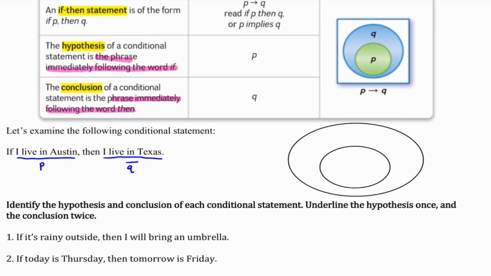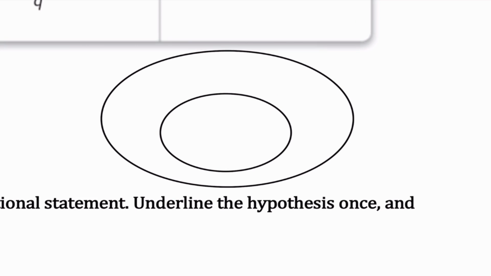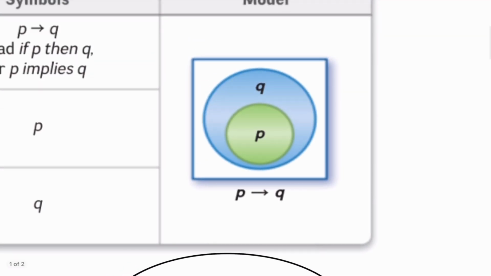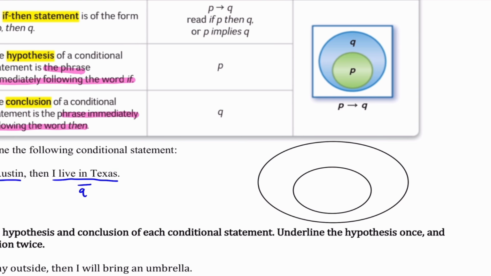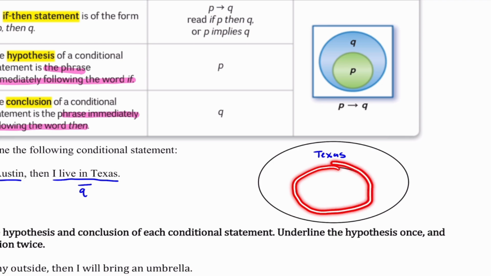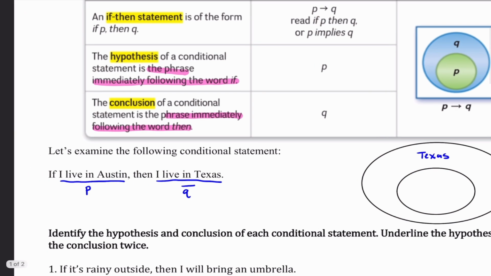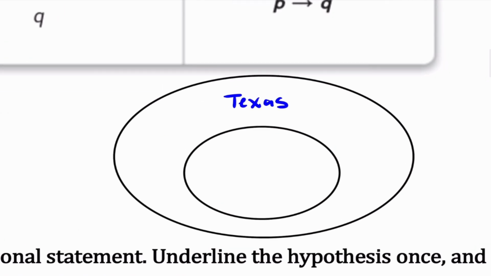Now I'm going to take a look at this model over here, which I'm going to use as a reference. So if this is Q, the bigger circle, then that means that this here is Texas. So this has to be P. P will be Austin.